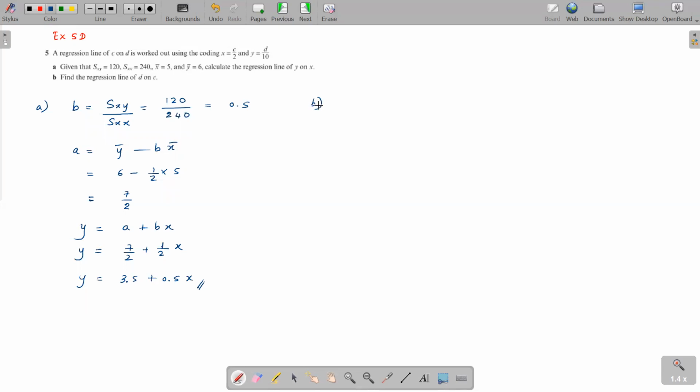Find the regression line of D on C. So the regression line of D on C, how does that work? Now you have the xy. This is the coded line. Remember now in this case, xy is the coded line. They are asking you to get the regression line of D on C. That's the original one. So how do you get the D on C equation?